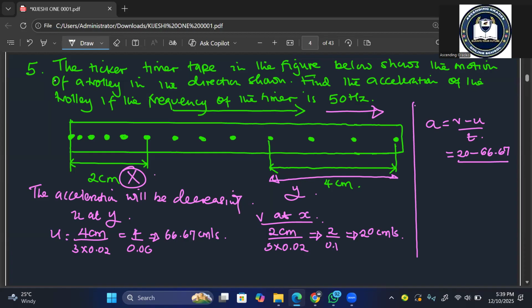For the left hand side, we must get the midway of X. So we have 1, 2, 3, 4, 5, 6. So the center part where we shall be using will be this part, like that.